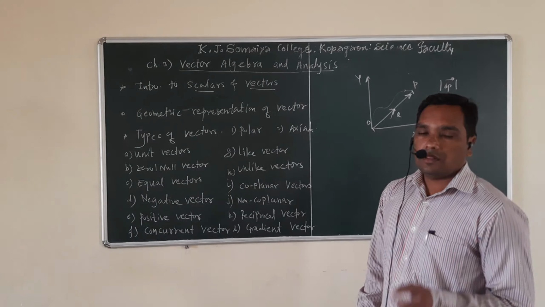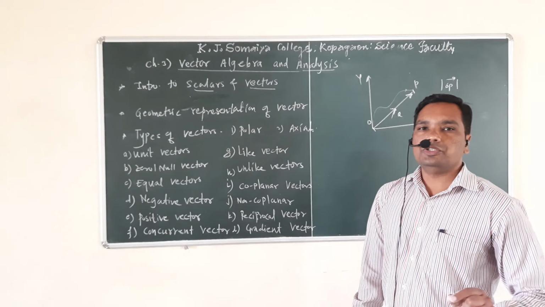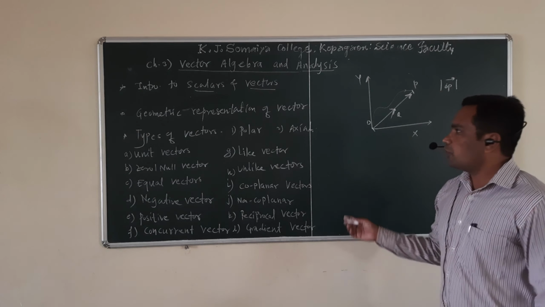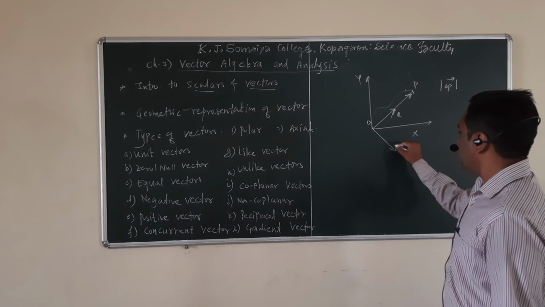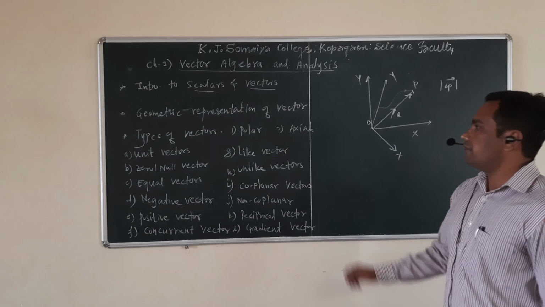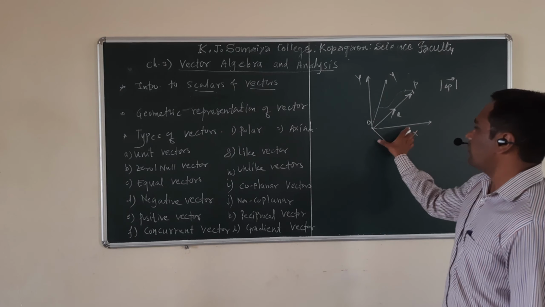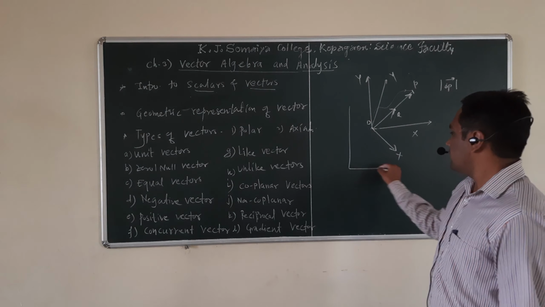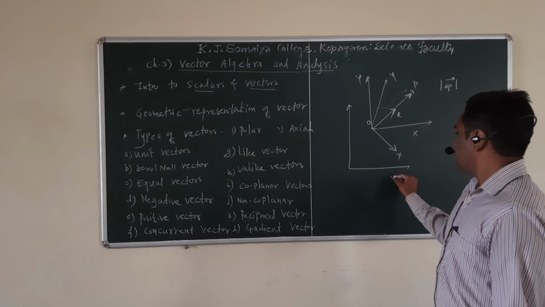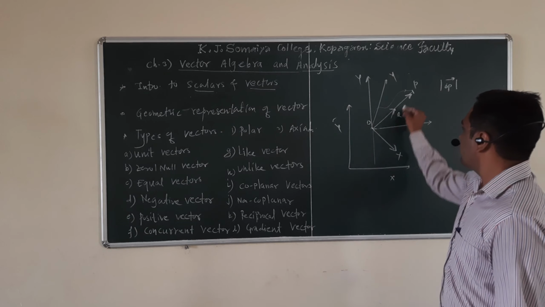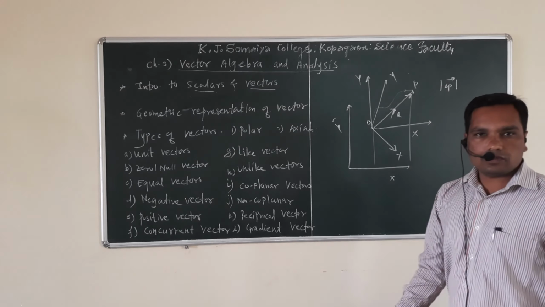There is no limitation on how we choose axes. Suppose some of you say we take the x-axis like this and y-axis like this, and we represent vector OQ in this coordinate system, then it is also okay. You can take the x-axis over here, y-axis over here, and you can represent the vector like this also.